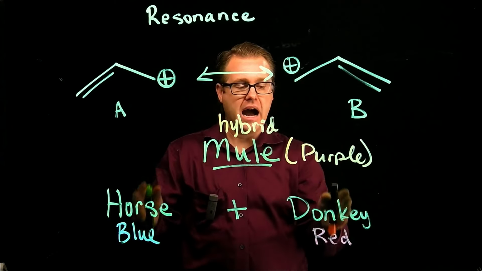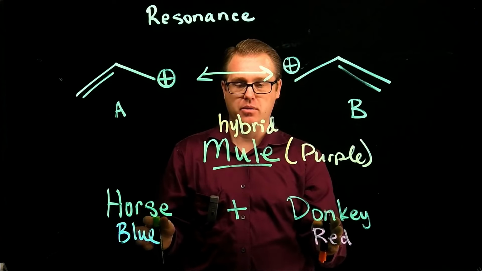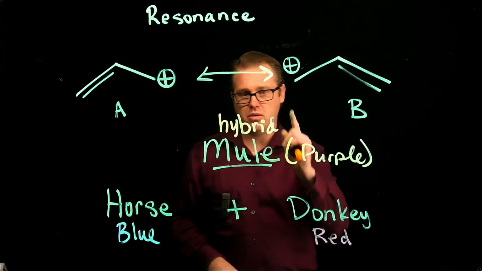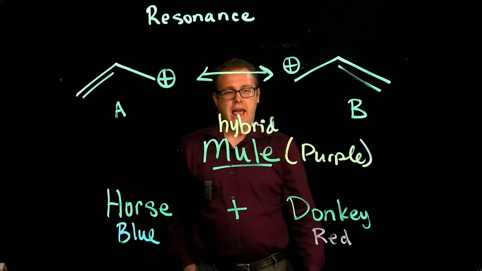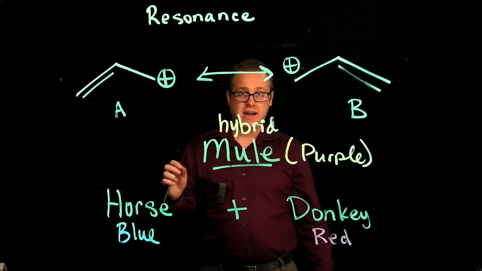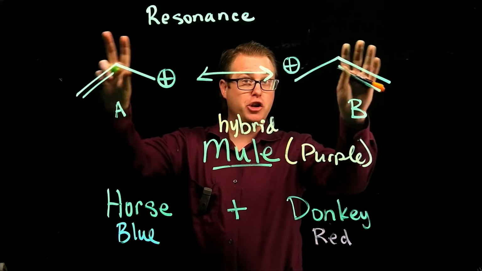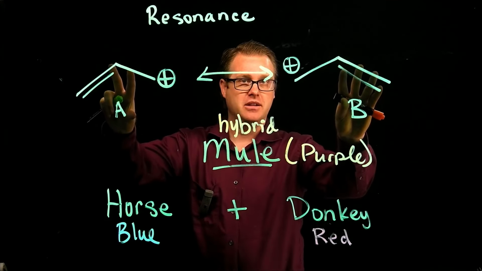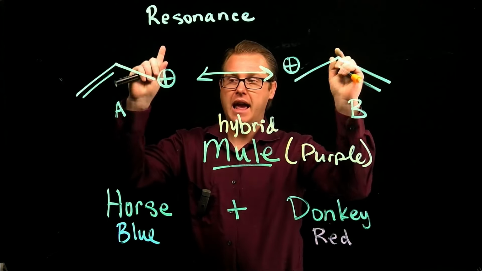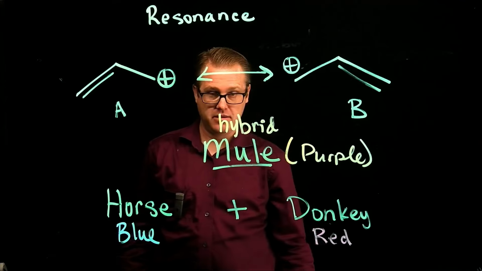A mule is a hybrid between the two. There's only one mule. And so this is the same concept here with what seems to be two molecules. They're actually a hybrid.